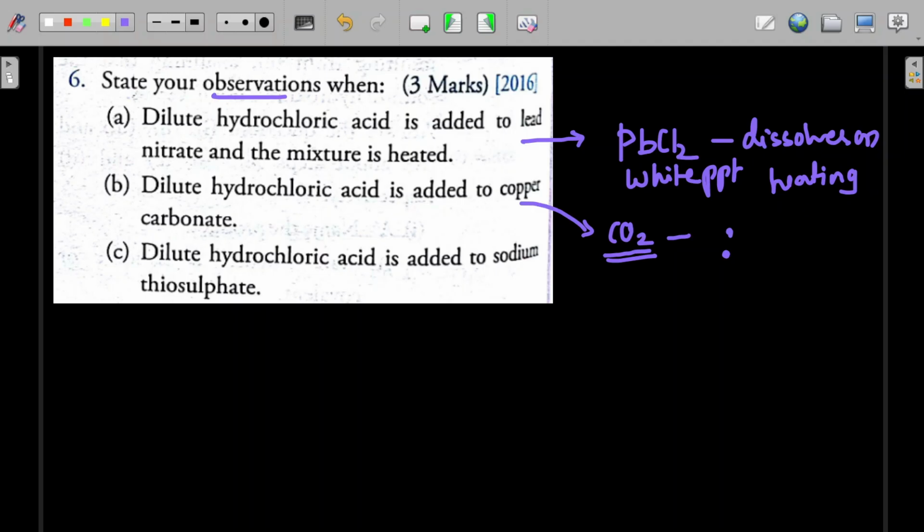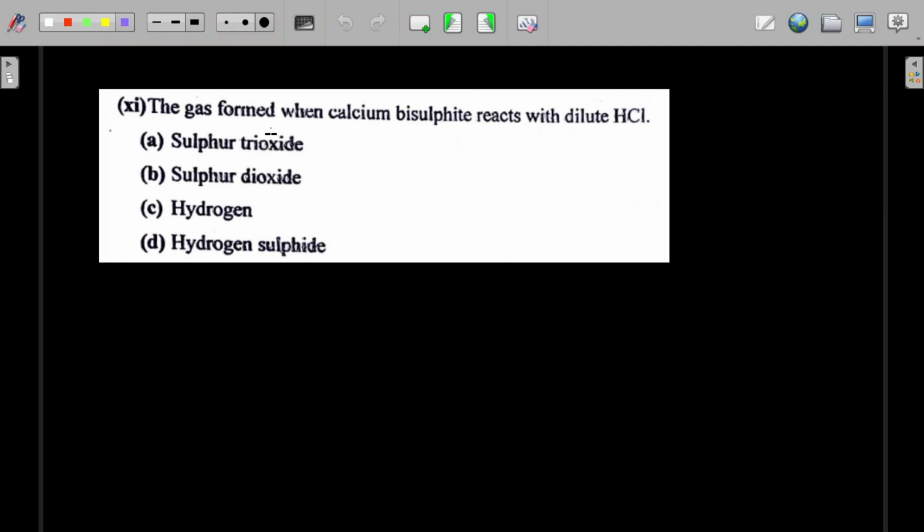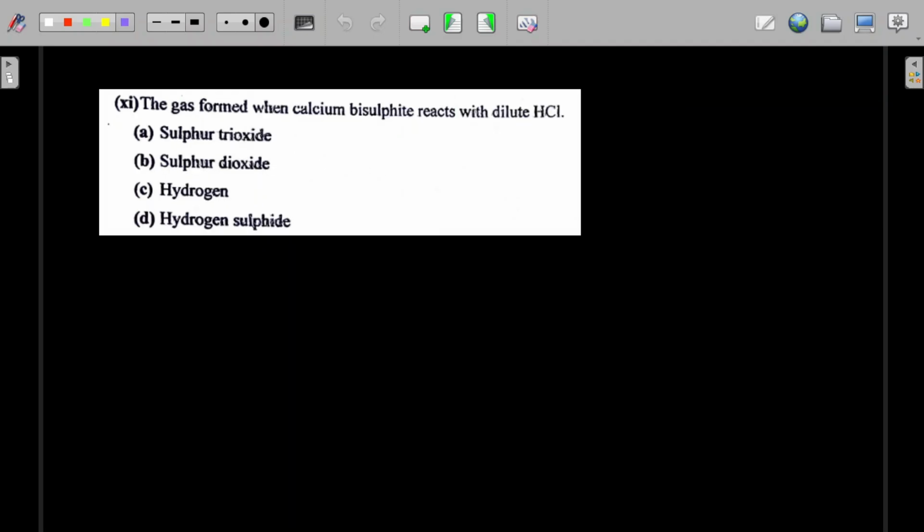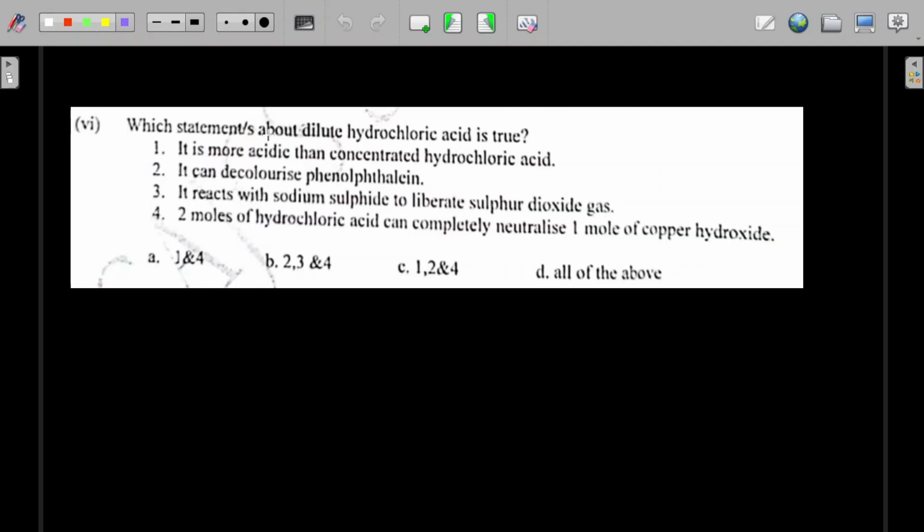Both the points we have to write; only turns lime water milky is not sufficient. Gas found when calcium bisulfite reacts: again, sulfite or bisulfite will give you sulfur dioxide only. Same question: which statement or statements about dilute hydrochloric acid is true? Who knows the answer? Raise your hand.